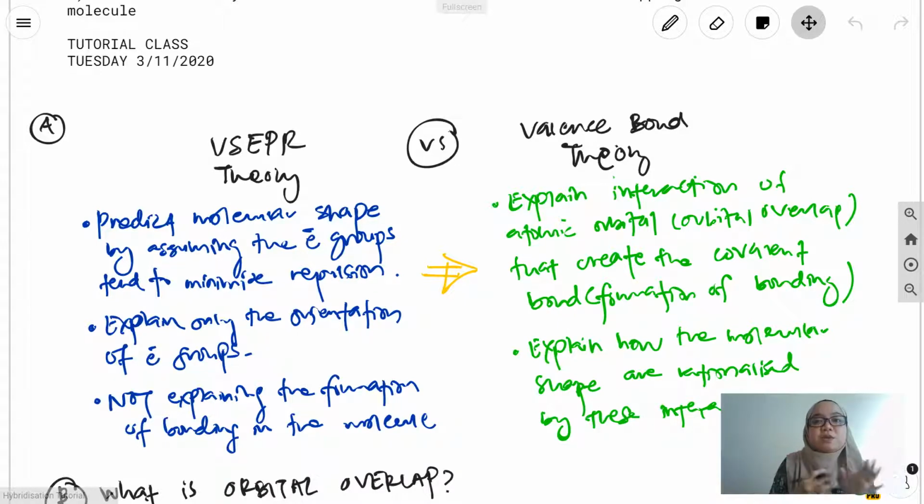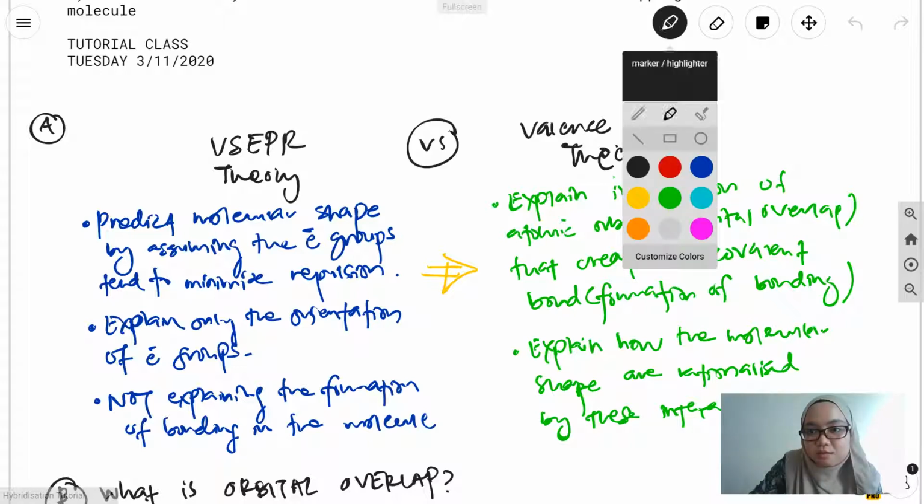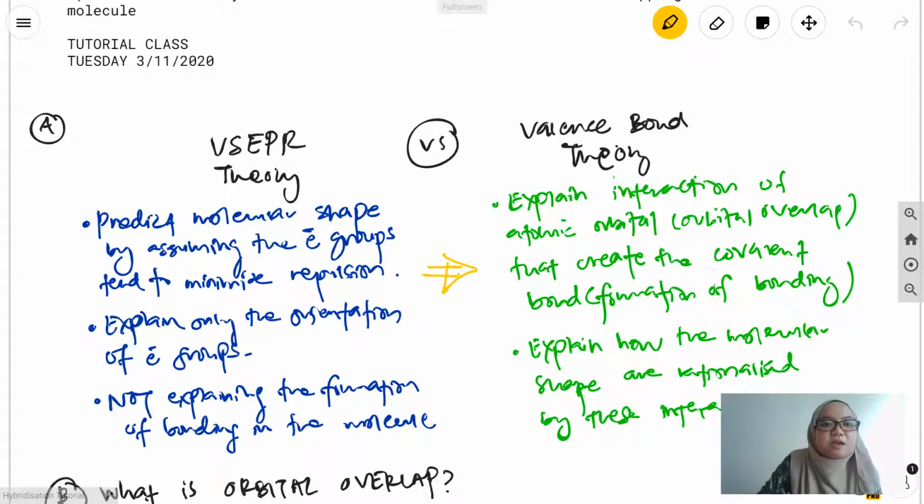So what's the difference between VSEPR theory and valence bond theory? So VSEPR theory is used to predict the molecular shape by assuming the electron groups tend to minimize the repulsion.